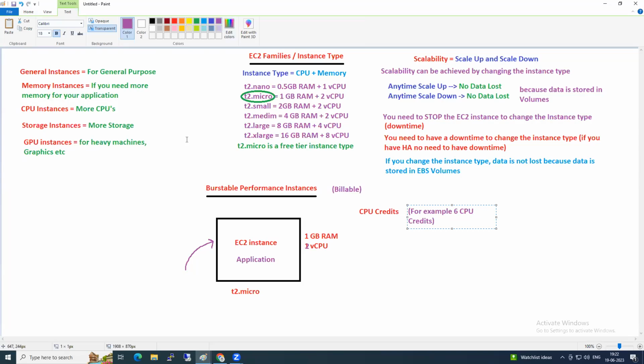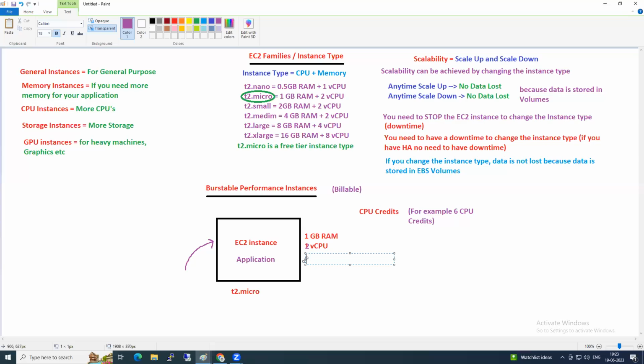So in total, how many CPUs do you have? 8. 8 CPUs will be sufficient to handle the load. But these CPUs will also get exhausted if you get more and more load. Once exhausted, again AWS will give you CPU credits in the backend.